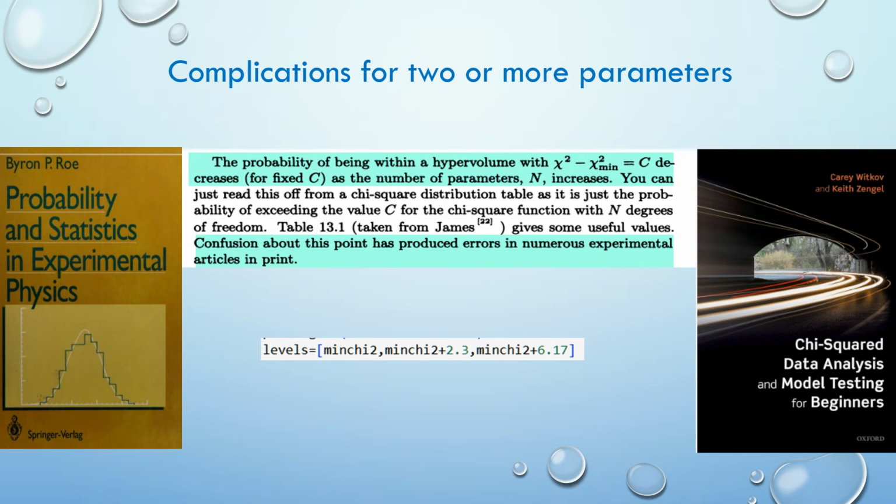Sigma values are important only insofar as they lead to useful percentages. So we kept the 68 and 95% interpretations, but that meant adjusting sigma to 2.3 and 6.17 to obtain those probability contours.